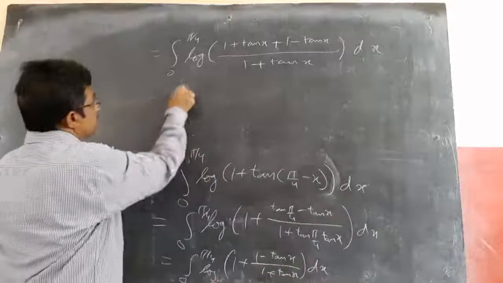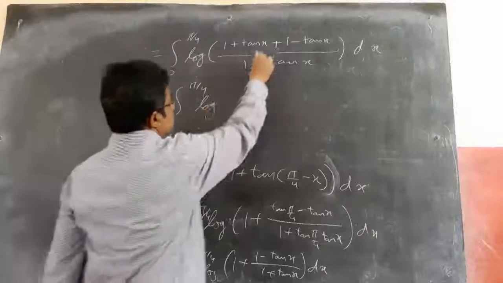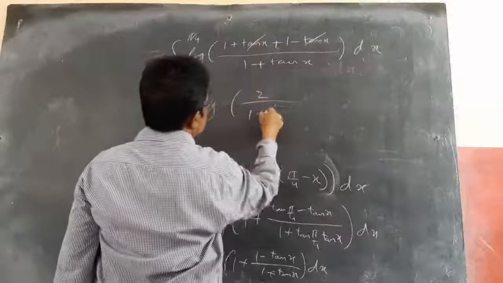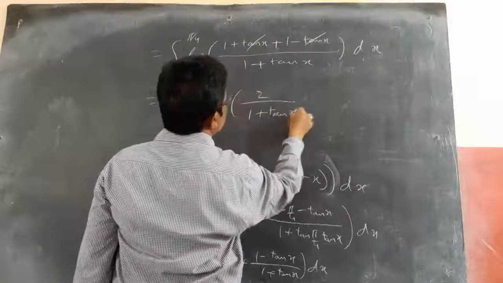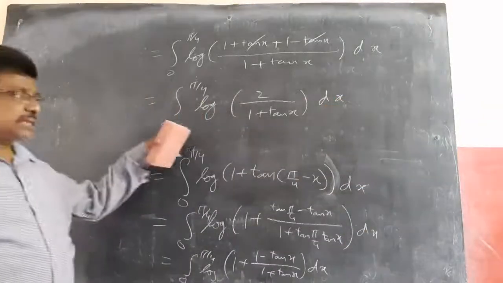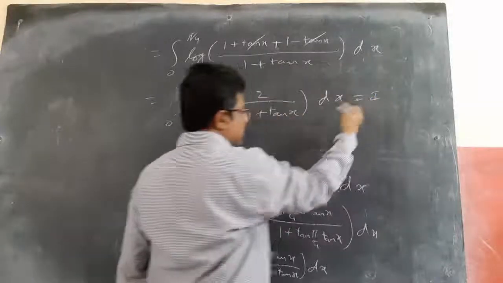So this becomes integral of 0 to pi by 4 log of, this tan x got cancelled, so becomes 2 by 1 plus tan x dx. This is again I only, so I equal to, I got this. So this is also I.